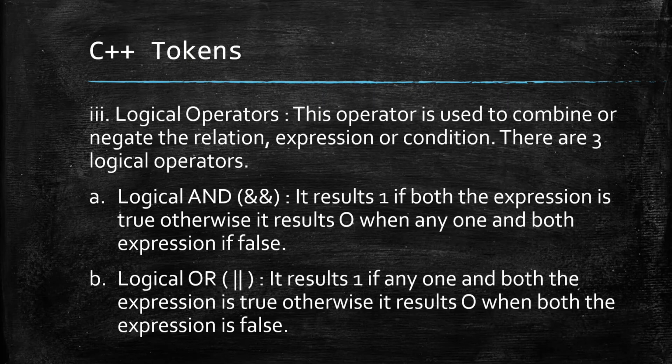If both the expressions are true, only then our output would be true, that is 1. If any one or both the expressions are false, the output is false. If both the expressions are true, then the output is true.